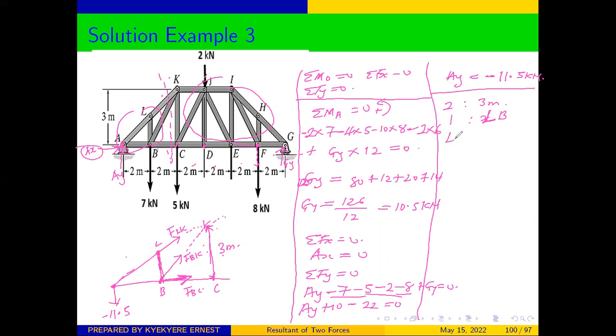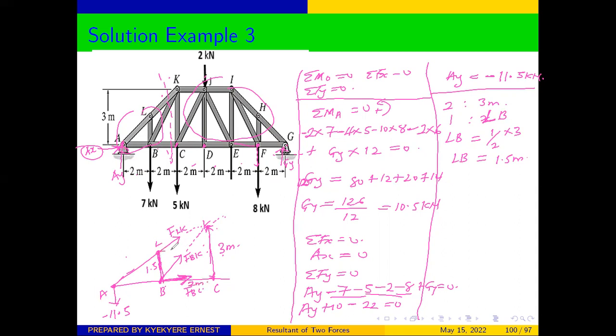Length LB will be equal to 1/2 times 3, so the length of LB will be equal to 1.5 meters. Once you have been able to determine that, the length of this side is going to be 1.5. This is A. Good. And we know that the horizontal distance from B to C is 2. This side is 2 meters.